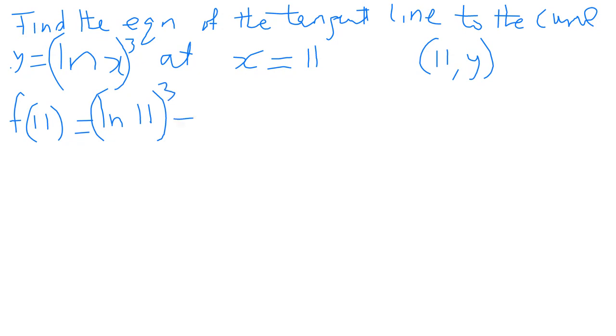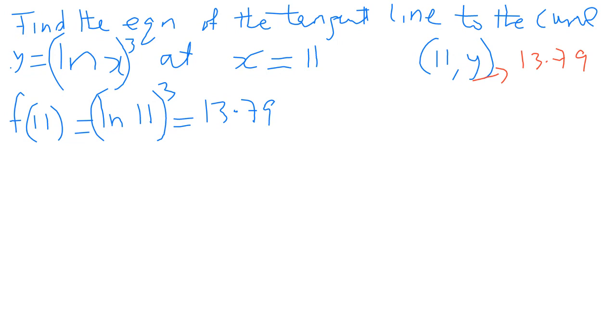And if I put this in my calculator, I have approximately 13.79 to 2 decimal places. I'm going to use 2 decimal places. Therefore, now I know that y is 13.79. All right, so I have the point.